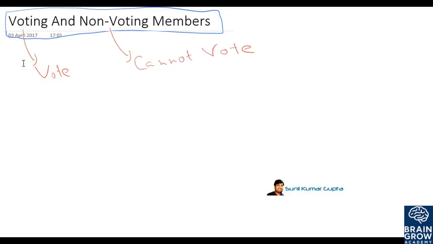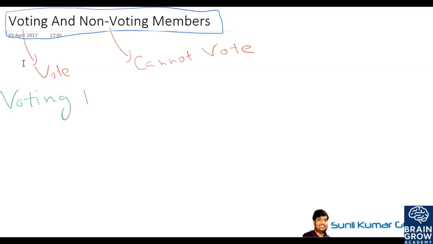We have discussed elections for primary in the previous lectures, so in this lecture we'll discuss the voting members. There are 2 types of members. One is called voting members, who can vote, and the other type is non-voting members.